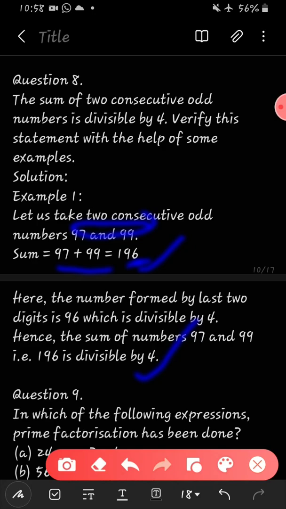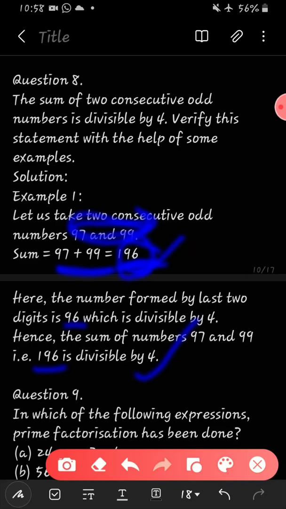We have to focus on the last two digits, that is 96. Okay? So 96 is divisible by 4. Hence, if 96 is divisible by 4, that means 97 and 99 added, giving 196, will also be divisible by 4.